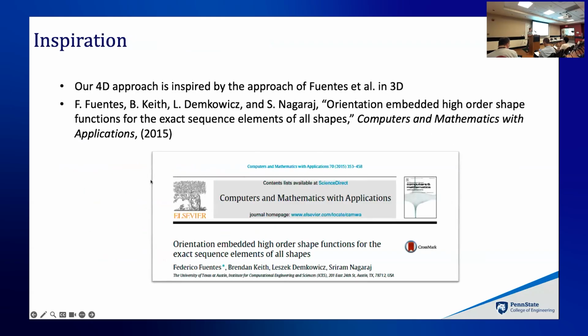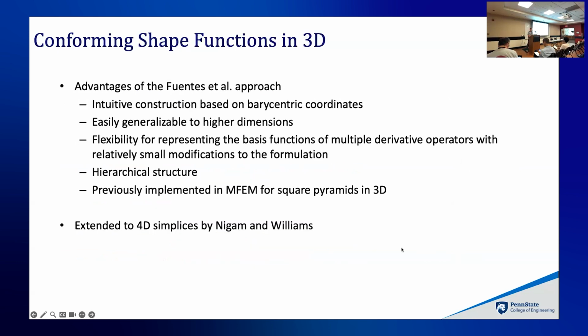So our inspiration comes from a paper written by Fuentes et al., which focused on all geometric elements in 3D. They were higher order, so it was a really good framework. We use the Fuentes approach because it has a very intuitive construction based on barycentric coordinates.